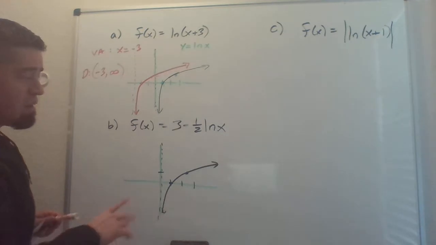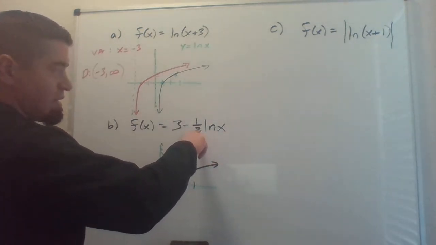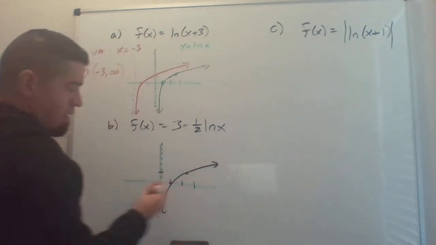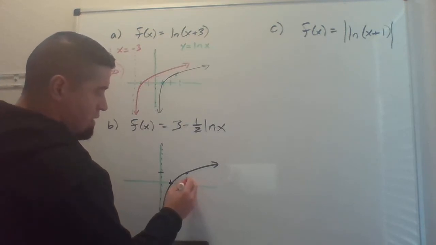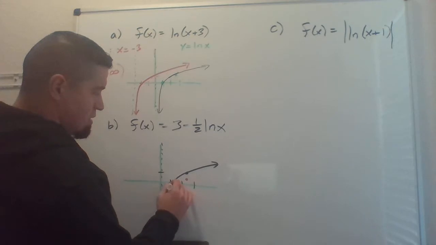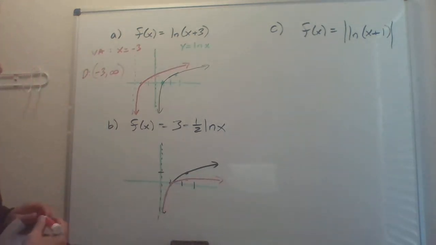Now, let's do some of these transformations. One is that it's half. Okay, so we can do that real quick. Half of 0 is 0. So in fact, all the half is going to do is just shrink it by a factor of half.